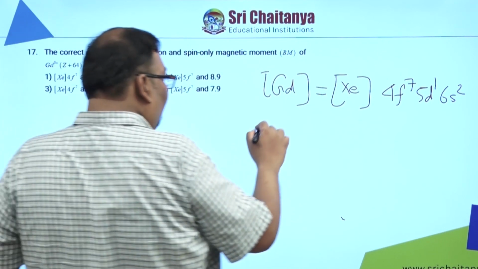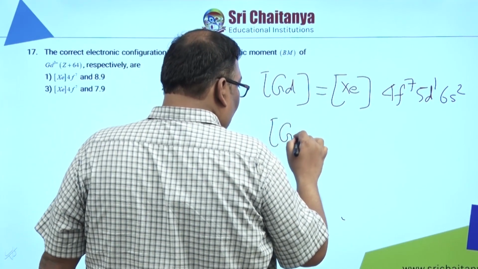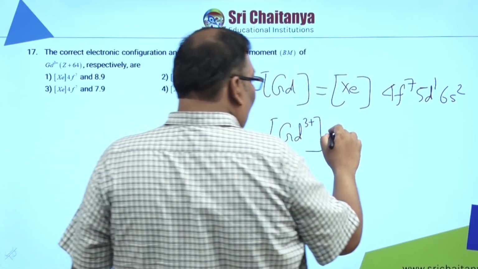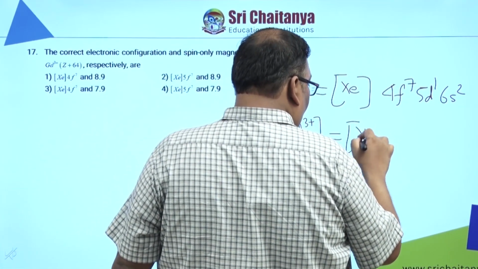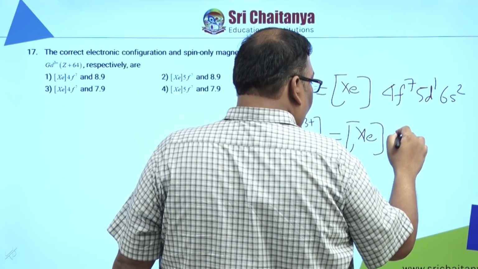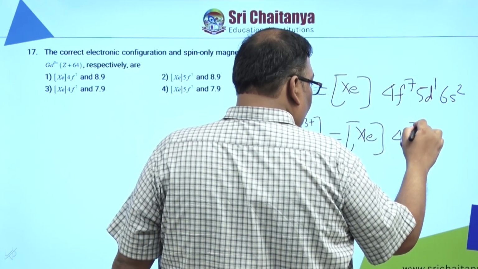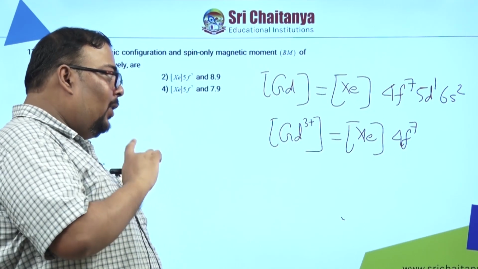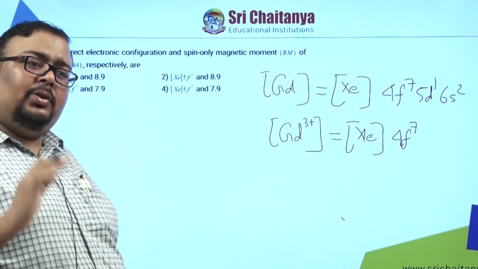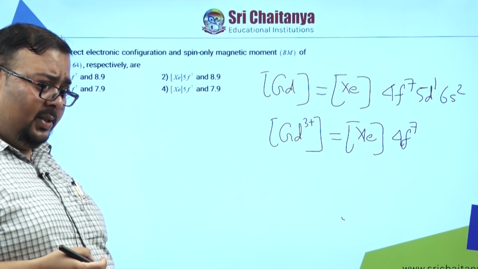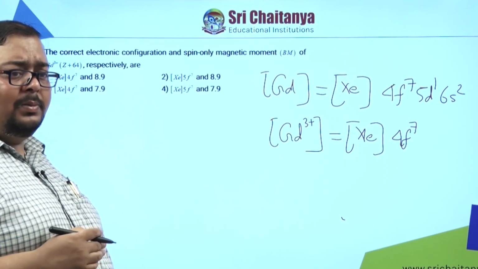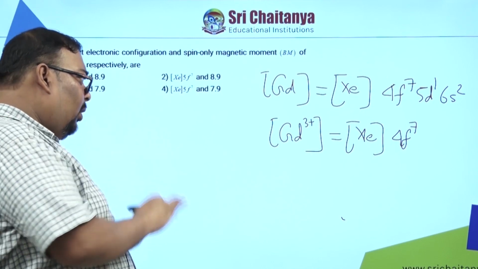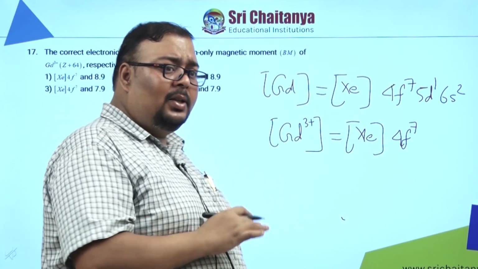If I am writing Gd3+, then I will be removing the outer electrons first. So then the resultant configuration will be xenon 4f7. Because if we are removing 3 electrons, first we will be removing the electrons from the outermost orbital, which is the 6s. So 2 electrons from 6s and the third electron will be from 5d. So Gd3+ will be having this configuration.